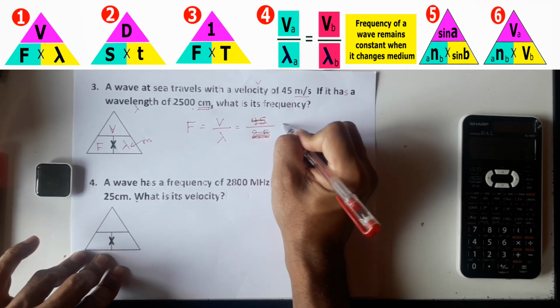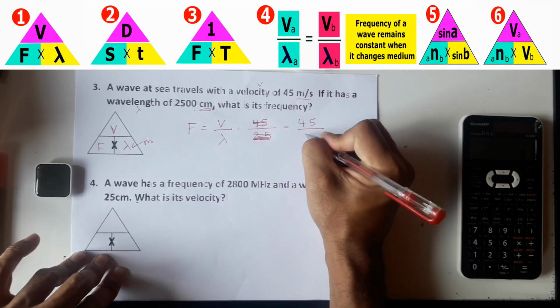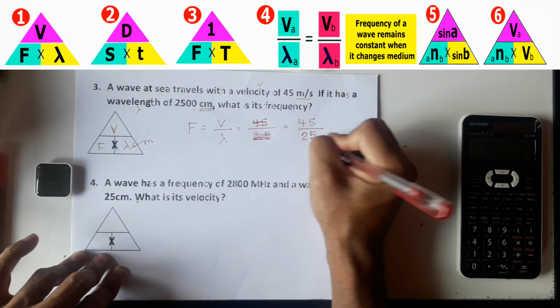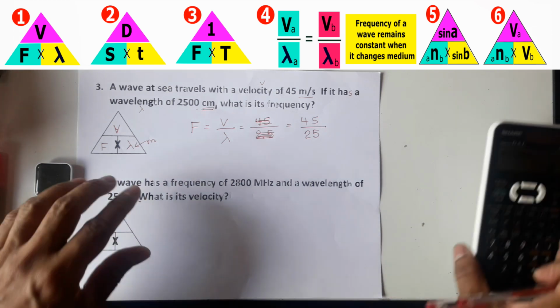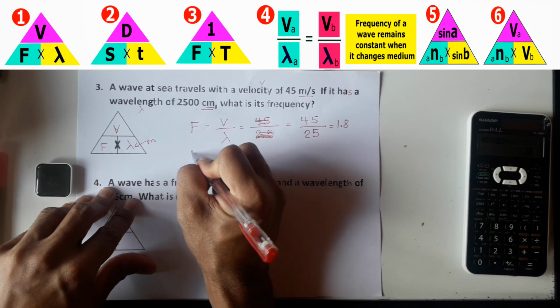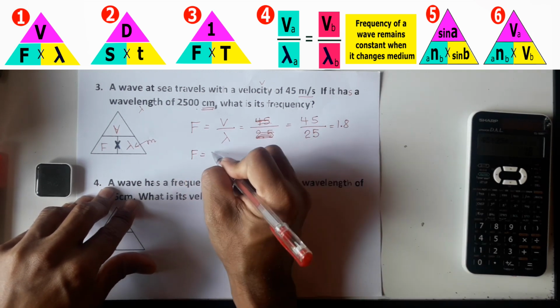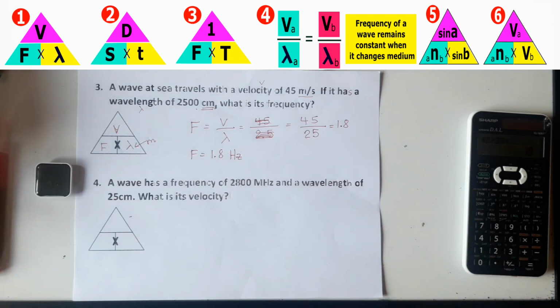Sorry about this mistake here. We had 45 on top. So let's divide it. 45 divided by 25 will give us 1.8. Now remember, they asked us for the frequency, and frequency is measured in something called Hertz, H-E-R-T-Z. But this here is the symbol for it.